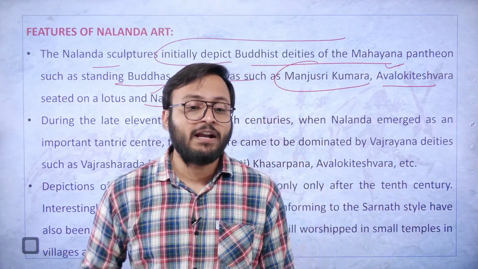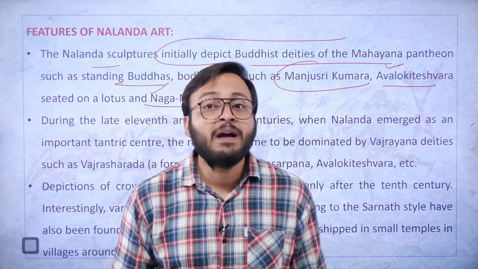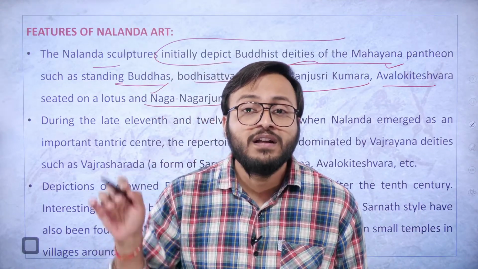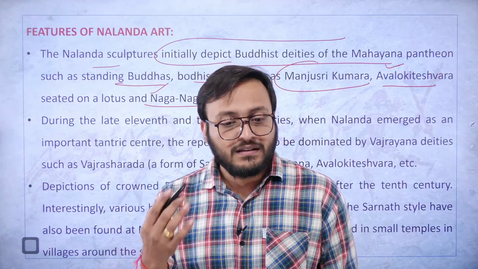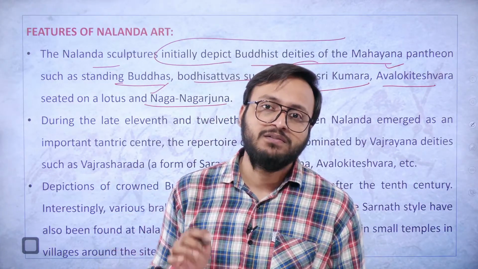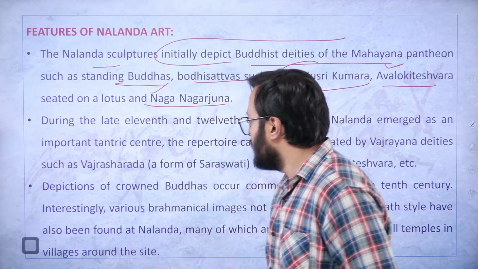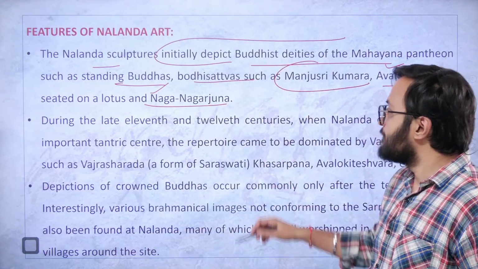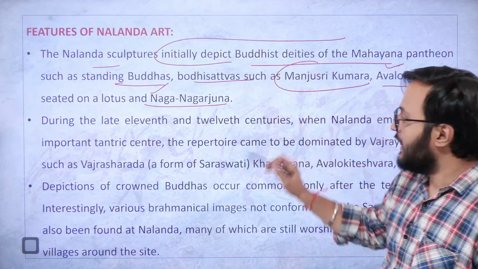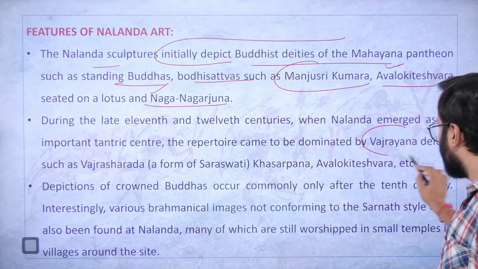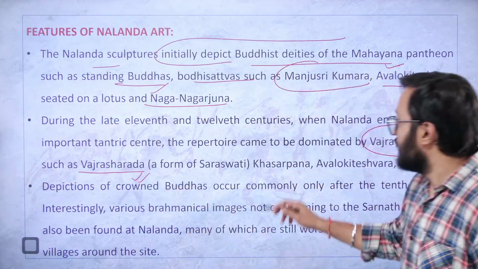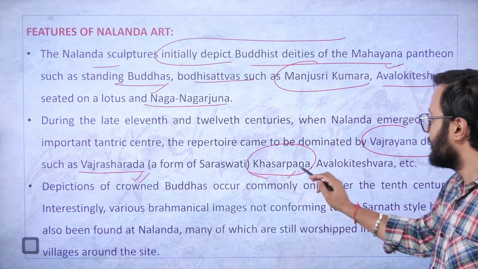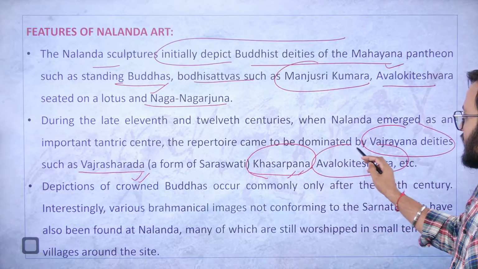But later on, my dear, Nalanda became the center of tantric traditions. As I told you, Vajrayana, that became more important part of the Nalanda sculpture. And here you will observe that initially they were showing Mahayana, later on they will be showing the Vajrayana deities like Vajrasharada, like Karshapan, like Avalokiteshwar.